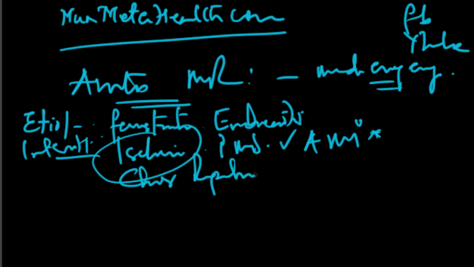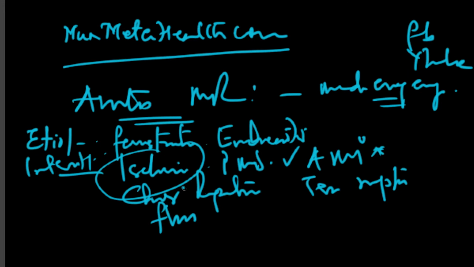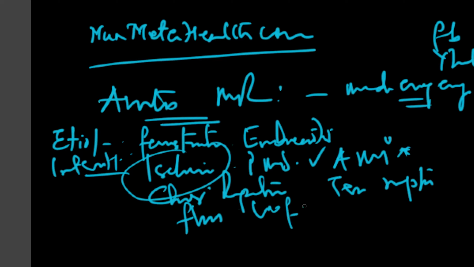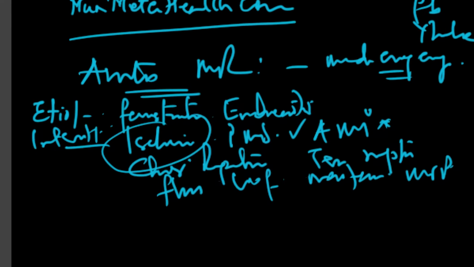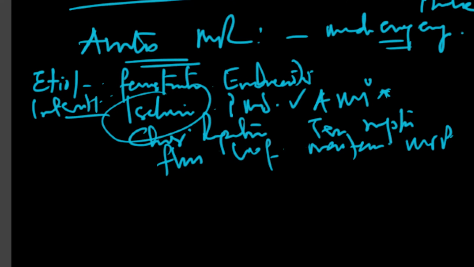So chordal rupture, or tendinous rupture, and all of those could be seen, or a flail leaflet in a setting of, say, Marfan's, or in a setting of mitral valve prolapse. So those are the other etiologies of acute MR we are discussing in this one.